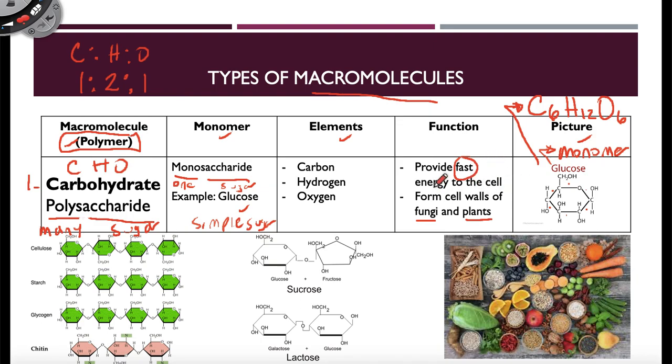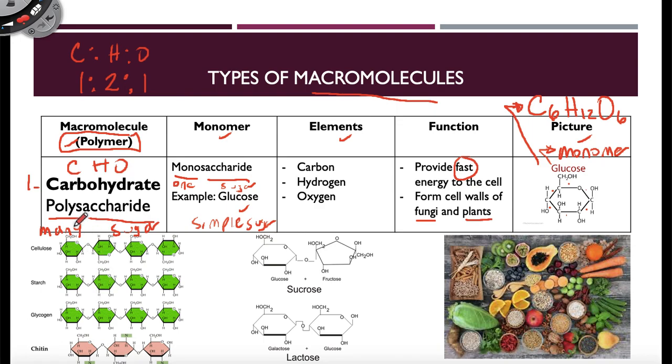Now, these carbohydrates provide fast energy to the cell. So you might have heard of the term pasta loading. You might have heard of a football team, a couple of hours before a game, they eat lots of carbs, right? They eat lots of pasta because that's going to provide fast energy to the cell. And you're going to need that if you're about to play a football game.